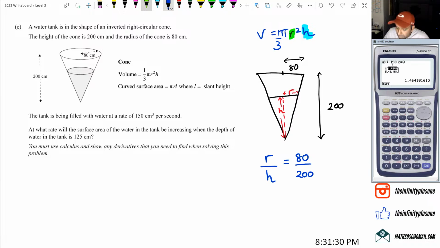But I actually want to put down what h is, so I'm going to flip it around: h over r is equal to 200 over the radius, which means h is equal to 200 divided by that, which is 2.5. So we get 2.5 r, sorry, not h, r.